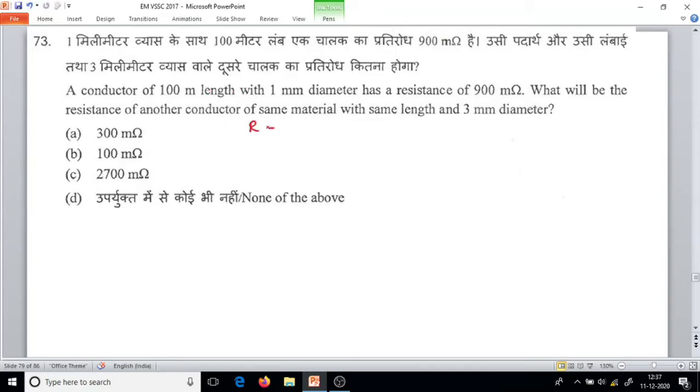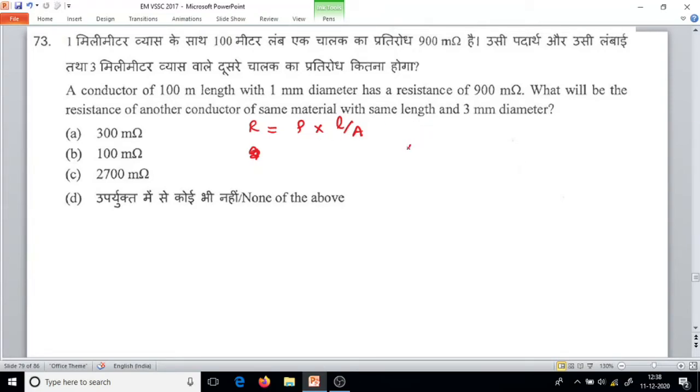What is resistance equal to? Rho, resistivity, times L by area. What is the given resistance? That is 900 milliohms. If we know the resistivity of the first material, we can find the resistance of the second material.